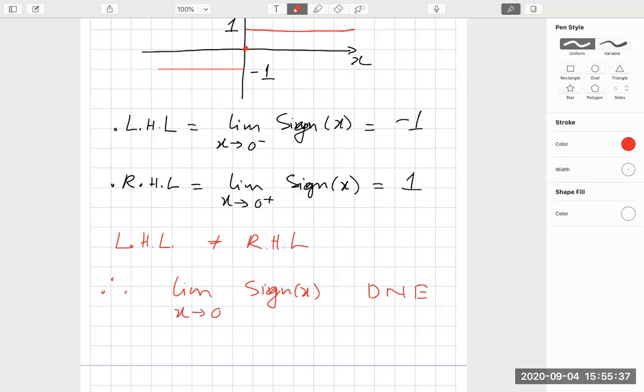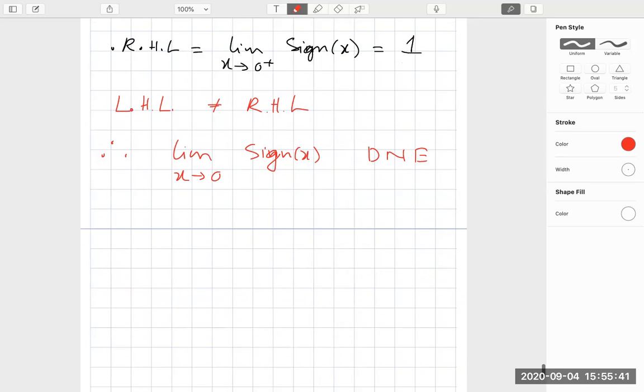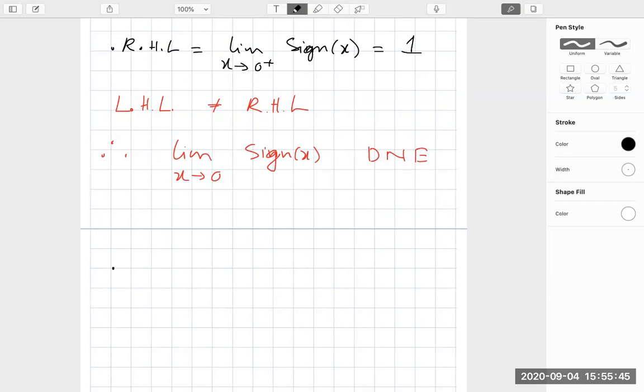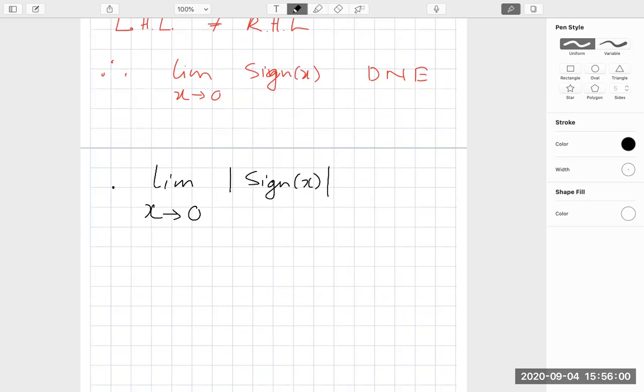Do you agree? Yes. Perfect. However, this part is interesting. The part 4, we need to compute the limit of the absolute value of sine of x when x approaches 0, right?